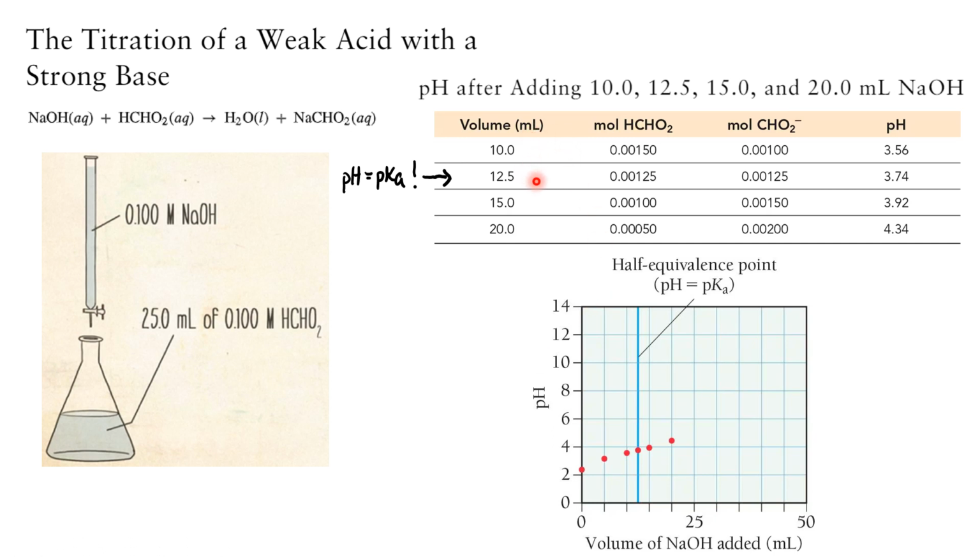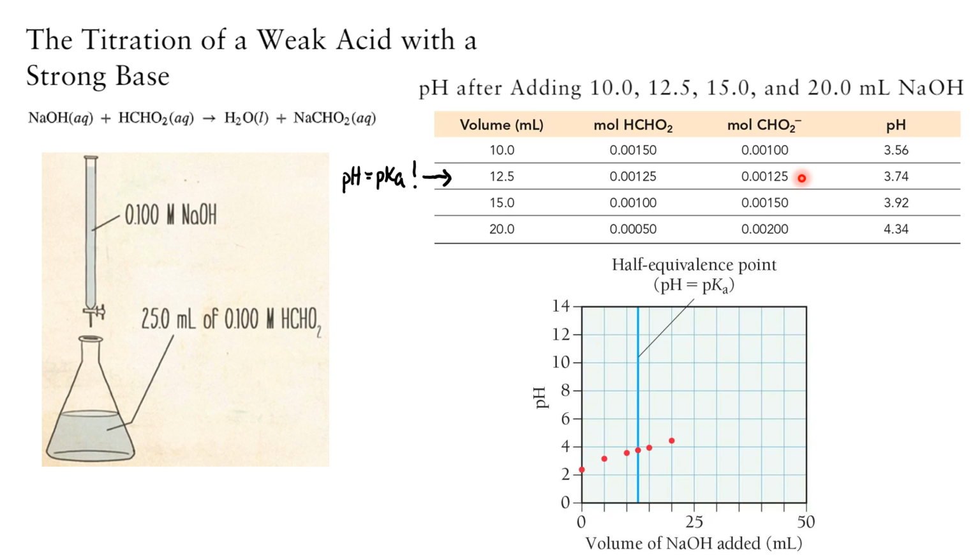And you do that, there it is, right? And notice this is interesting. Over here, we're at half of the equivalence point. Half, right? What that tells you is now, halfway at your equivalence point, you have equal concentrations of your weak acid and your conjugate base. That makes sense, because at the equivalence point, you've consumed all of your weak acid, right? At the equivalence point, your base ate up all of your weak acid. It's gone.